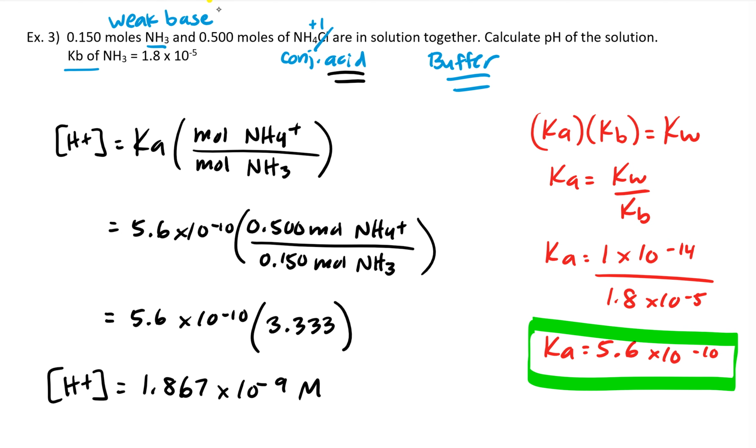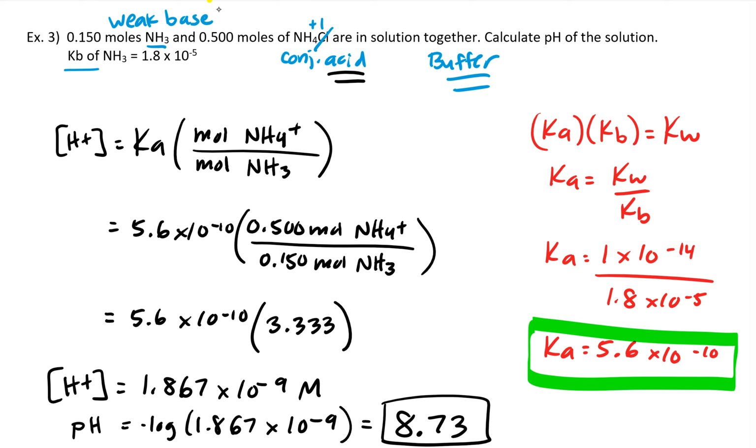So to finish this up, pH will equal the negative log of 1.867 times 10 to the negative 9. And I get a pH of 8.73. Okay, so this one was done just like the other examples. The only difference here is that I had a Kb value of the weak base, and I had to convert it into a Ka before I could calculate the concentration of hydrogen.